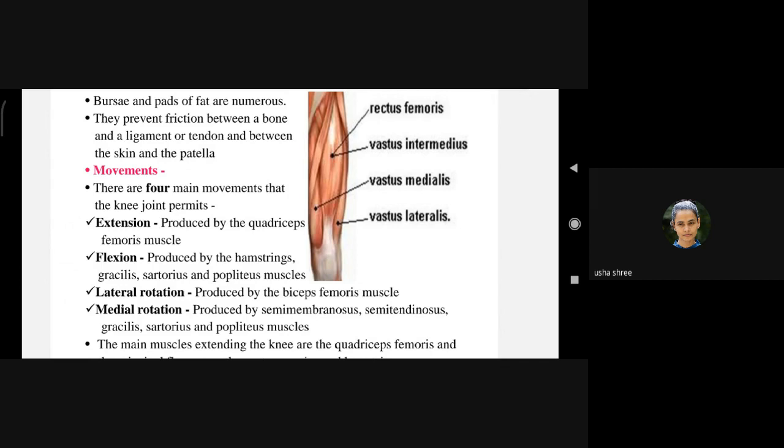And you people know the meaning of rotation. Rotation means a circular movement.